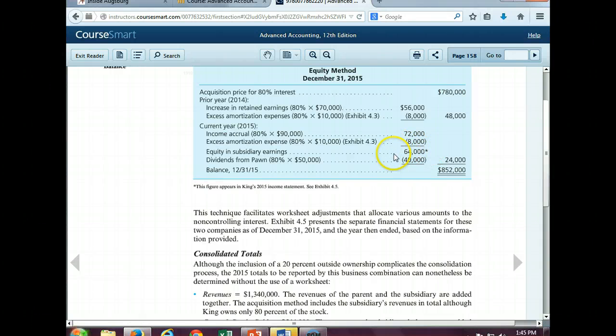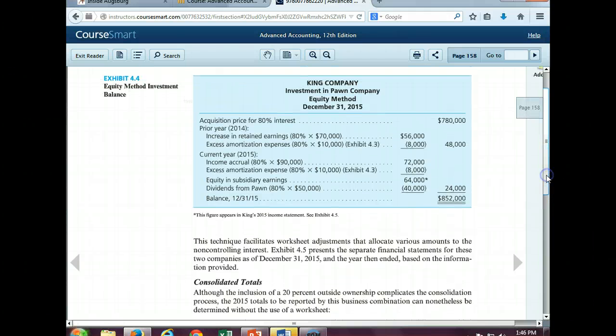This figure, because we're trying to consolidate the two financial statements together, and we need to wipe out any equity section of the subsidiary. The way we're going to calculate how much the equity in subsidiary earnings we end up showing on the financial statements is by taking the $780,000 acquisition price. We'll take the retained earnings of the $56,000, which is 80% of the 70.